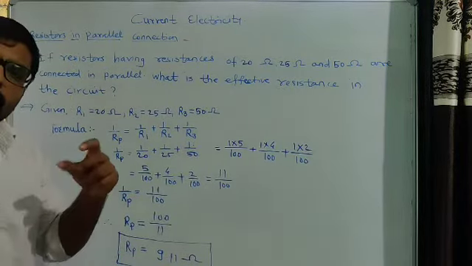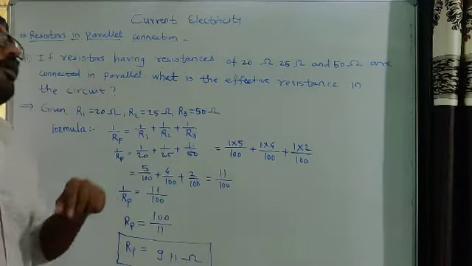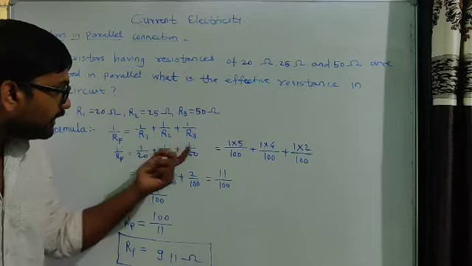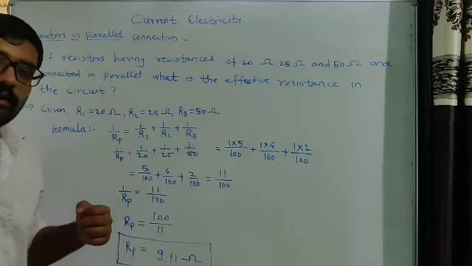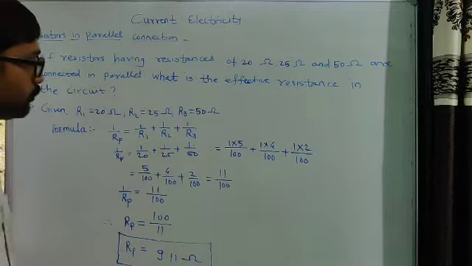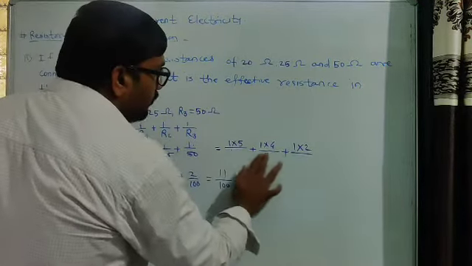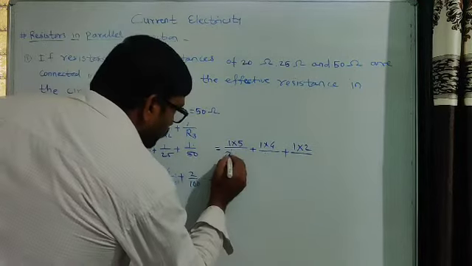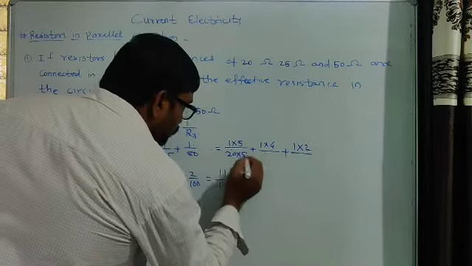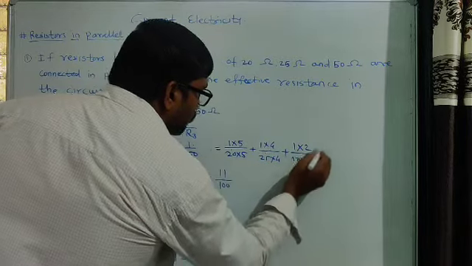Okay, which is the least number that is a common multiple of all these three numbers. Here we will find 100 is the number which is a common multiple of all three numbers. So we have to make the denominator 100. How can we make the denominator 100? That will be 20 into 5, 25 into 4 and 50 into 2.